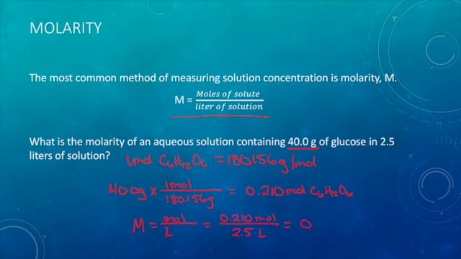So we end up with 1.089 molar glucose solution. So to find molarity, you are always going to use moles of solute divided by liters of solution.